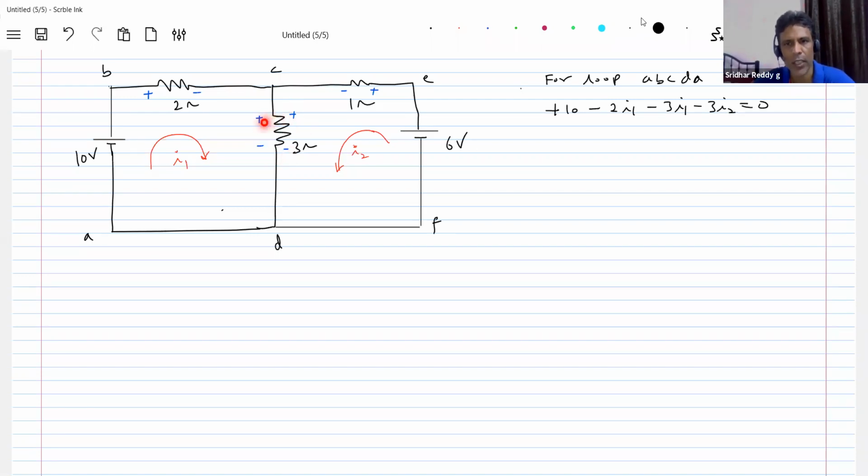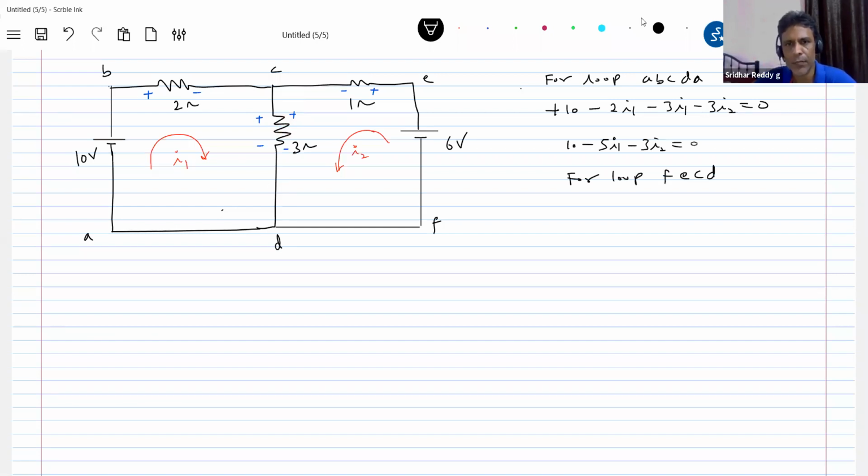So therefore for individual, minus 3I1, minus 3I2, all set equal to 0. Where I started at A, I'll end up at A. So this equation will be 10 minus 5I1, 3I2 equals 0.